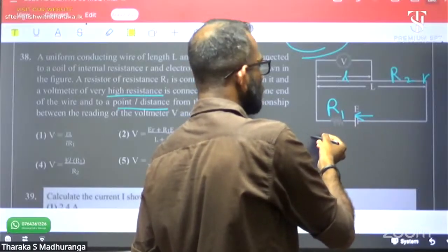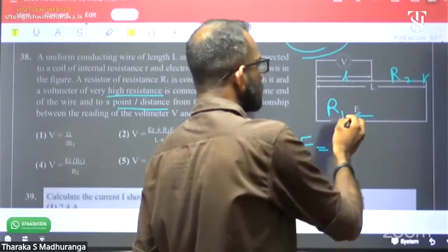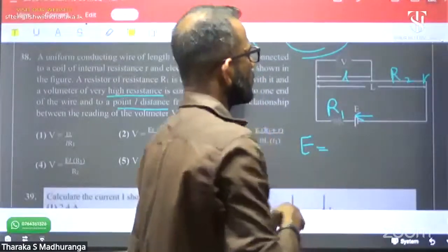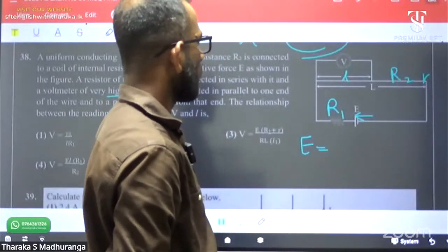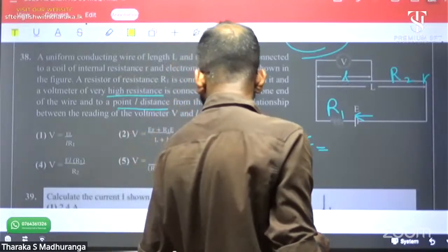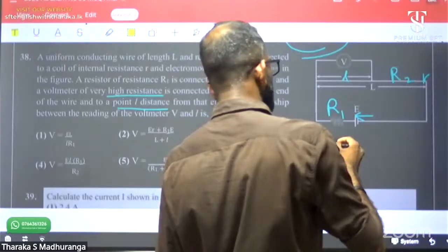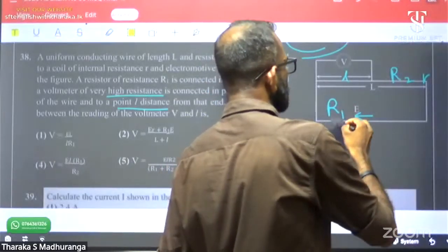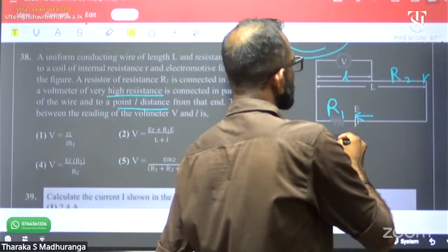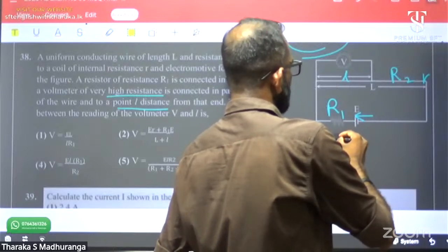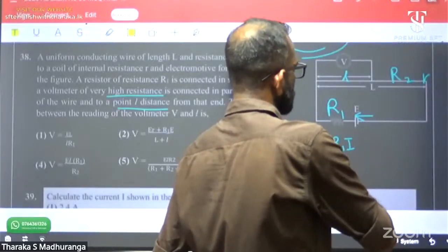Actually it is electromotive force, Kirchhoff's second law. Electromotive force, only one cell, E equal R1 I, right?